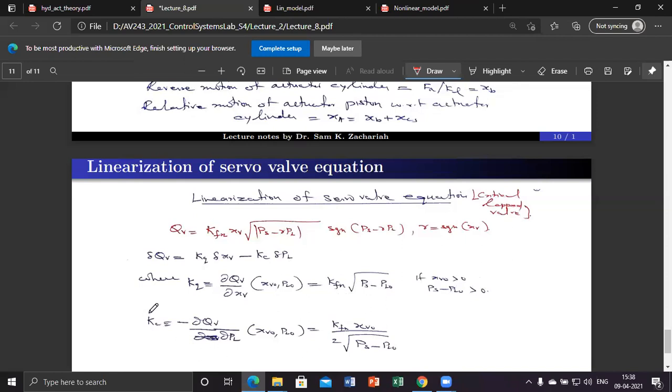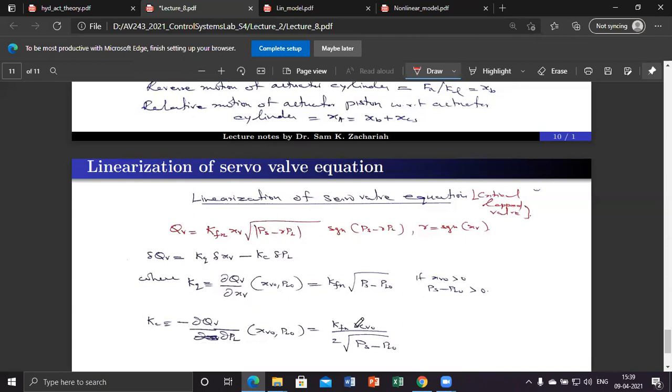And KC equals minus the partial derivative of QV with respect to PL. I deliberately give a negative sign here because this negative sign will cancel with the other negative sign. It is given to make KC a numerically positive quantity. If you differentiate, what will happen?